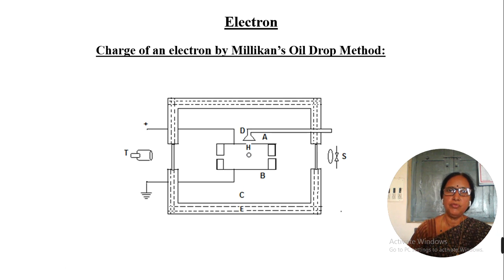If n1 e is the charge on the drop, and remember the charges are there because of the frictional force between the nozzle of the atomizer and the oil, so the drop has acquired a few charges in the beginning itself. If n1 is the number of charges accumulated on the drop, then the net charge on the drop is n1 e.